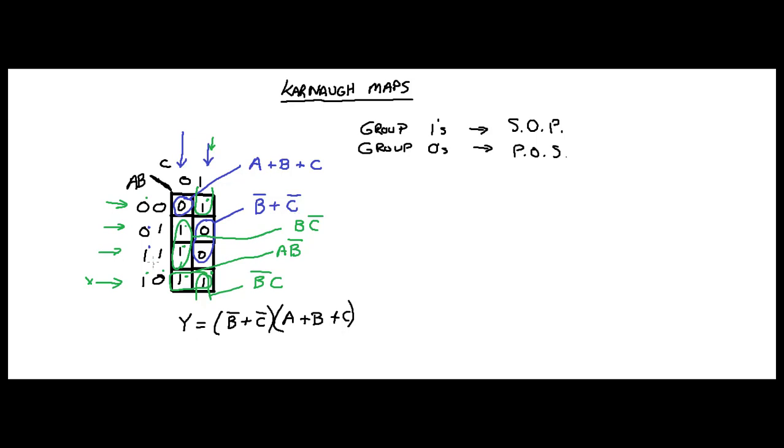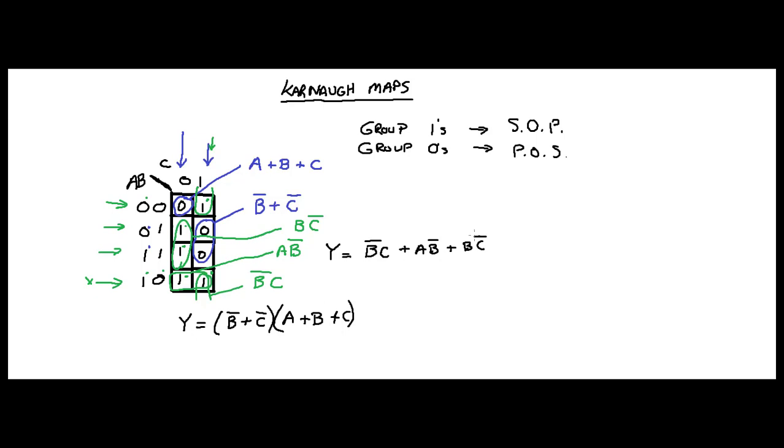Did we get them all? Let's see, have we missed any? I think we're missing one. 1, 2, 3. No, we got them all. So in that case, and I'll write it over here for your SOP, that would be equal to B bar C ORed with A B bar ORed with B C bar.